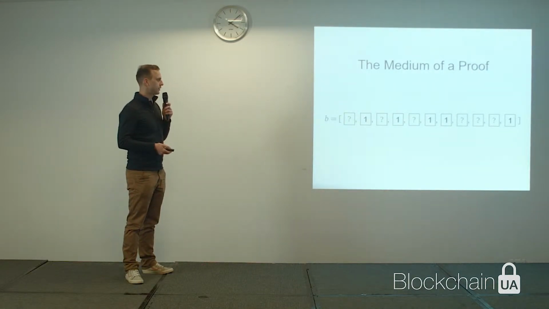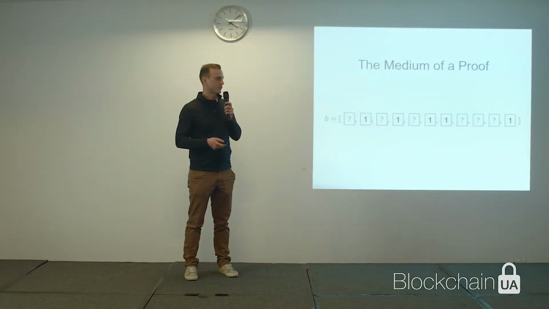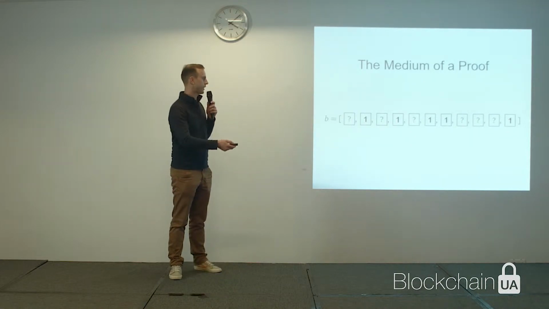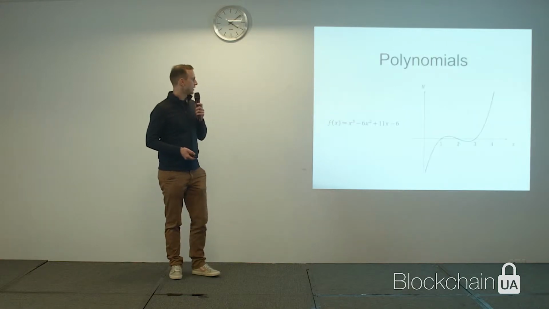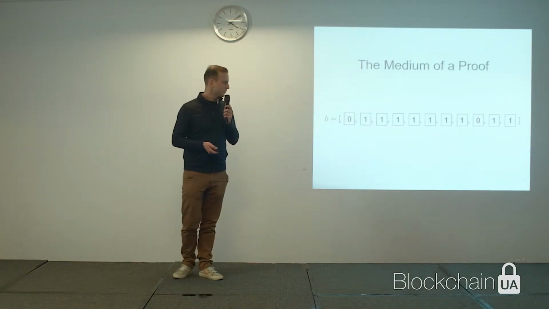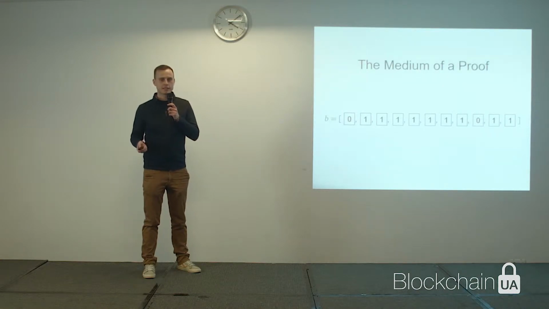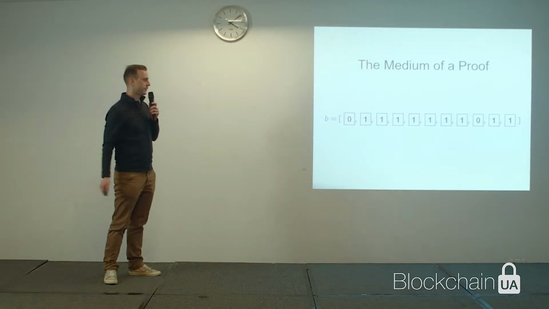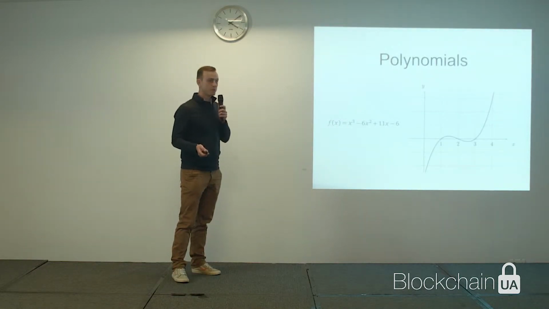To have 99.9% confidence, I need to check really all the cells in this array, and I can always miss some. So this kind of verification is not very productive. Imagine if you have millions and billions of these cells, it would be a very long operation. So let's have a look at polynomials.